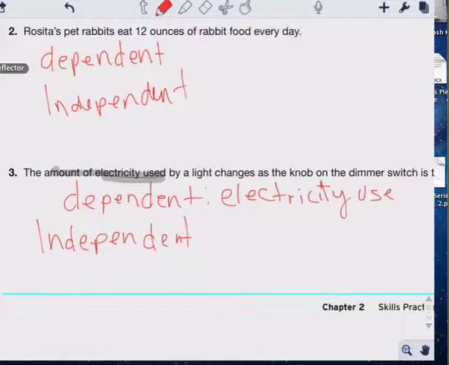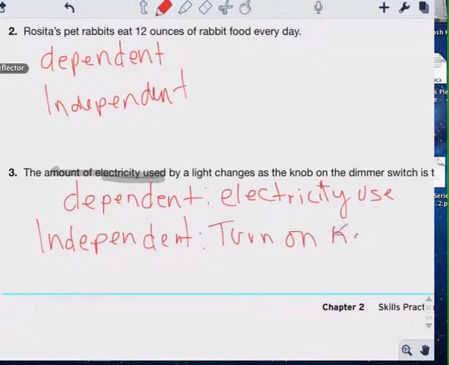Now, if we turn this on at a lower degree, what happens? Do you use more or less? You use more when it's low, right? Yeah, we need to cool down. So it's dependent on turning on the knob.